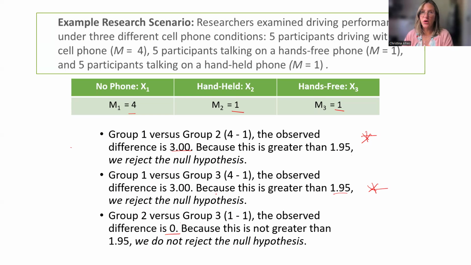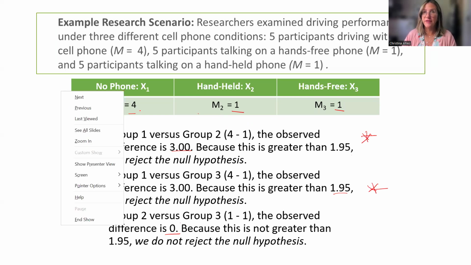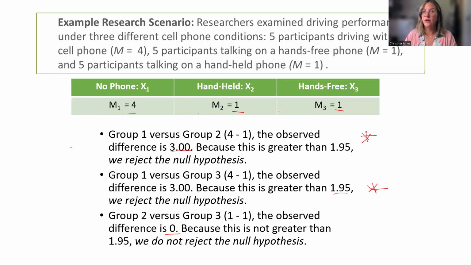So we just know, okay, it's group 1 versus group 2 and group 1 versus group 3. What you need to do is look and see if this makes sense. So no phone has better driving performance than handheld or hands-free. It's significantly better. So that's how you figure out where the significant differences are.